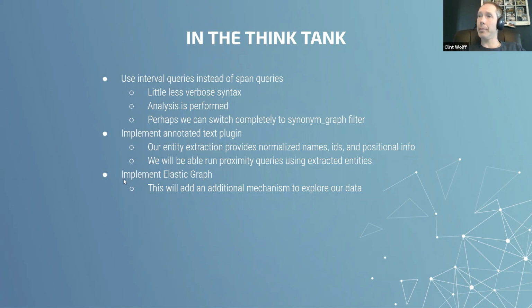And then the third item, implementing Elastic Graph. This is something that we probably took a look at for the first time maybe even 2.5 years ago at this point, and a lot of our product management group was very excited about this. It gives you a completely different mechanism to explore your document set.